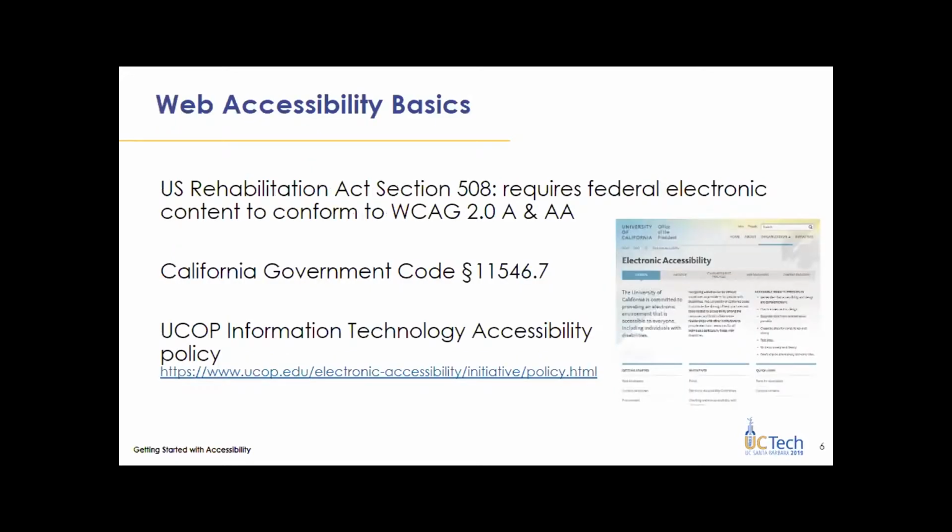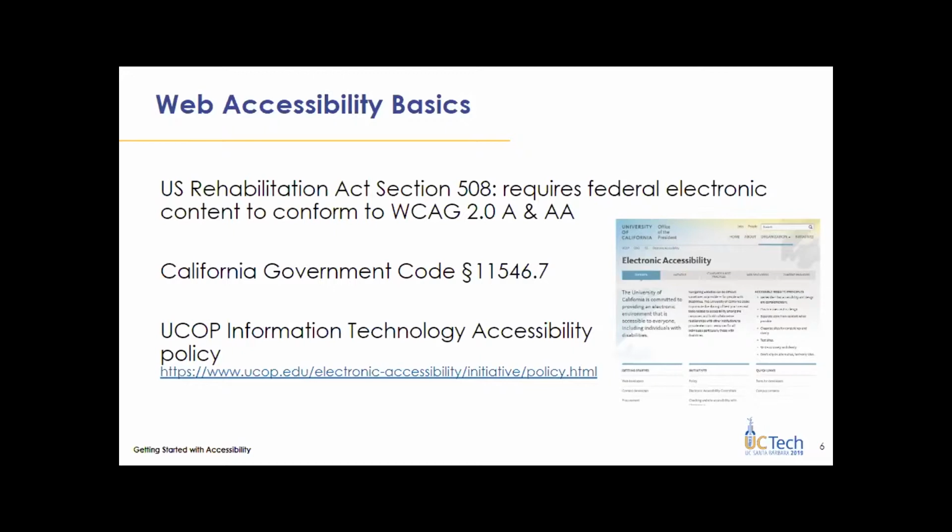So, basics. There are laws about it. When people talk about accessibility, this is basically what we mean. There's the U.S. Rehabilitation Act, Section 508, which requires federal electronic content to conform to WCAG 2.0 A/AA. On the next slide, I'll go into what that means.